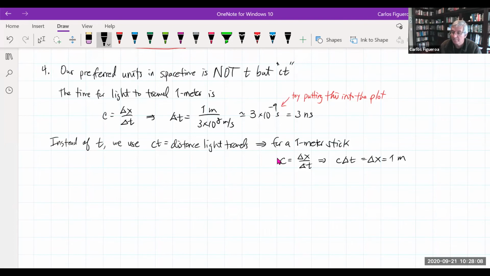So CT is 1 meter, and this is much nicer to write down instead of something of the order of 10 to the negative 9 seconds. So when we plot space-time diagrams, our coordinates should be CT and X, not T. And that's the reason why we do that.